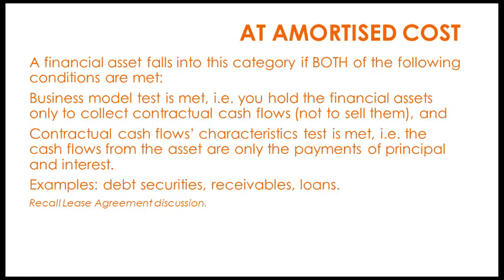So examples of this will be debt securities, receivables, loans. Remember our discussion on lease agreements, the lease receivable, where you had a lease receivable and you are receiving interest payments and principal payments.